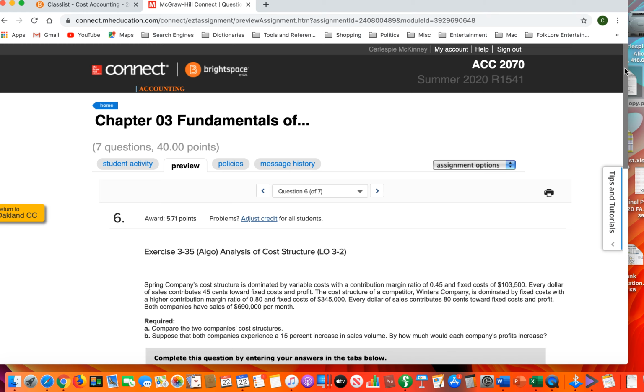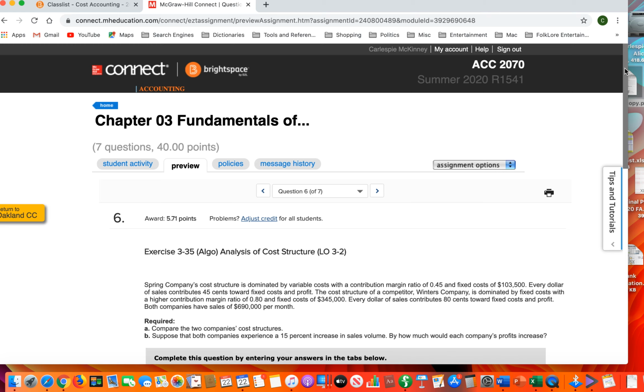Once you know the degree of operating leverage, if you multiply it by any percent of increase, it will tell you what the profit will increase by. Let me put it this way. Degree of operating leverage is contribution margin divided by operating income.